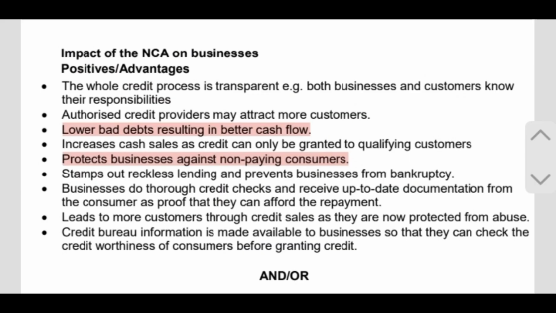Remember, I said you must not know more than 5 when it comes to positive and negative. Try to grab 2 points and 3 points, or 3 points and 2 points. Protect businesses against non-paying consumers.